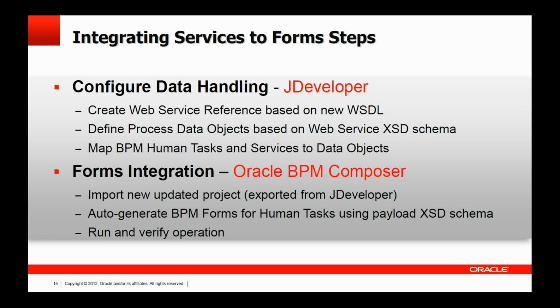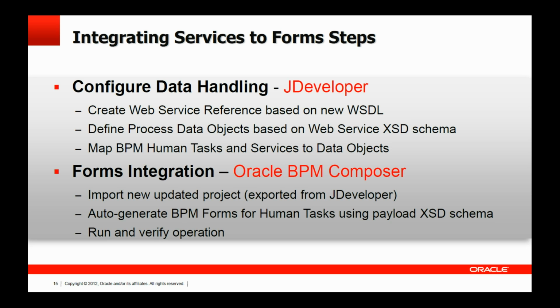So next we have to configure the data handling. So we're going to create the web service reference based on the new WSDL, define the process data objects based on the web service XSD schema, then map the BPM human task and services to the data objects. So that's from what was created in Composer as part of the workflow and the business process.